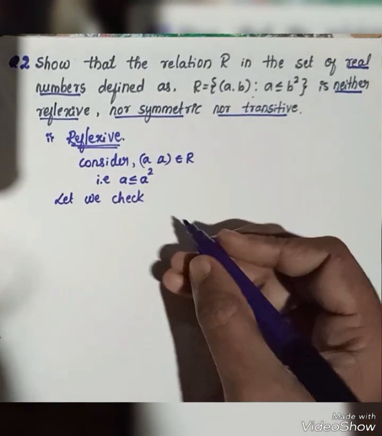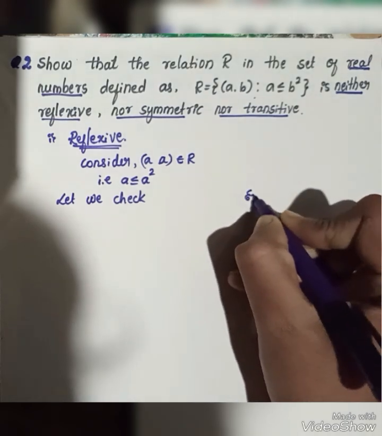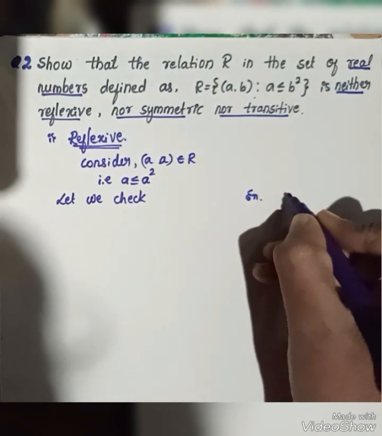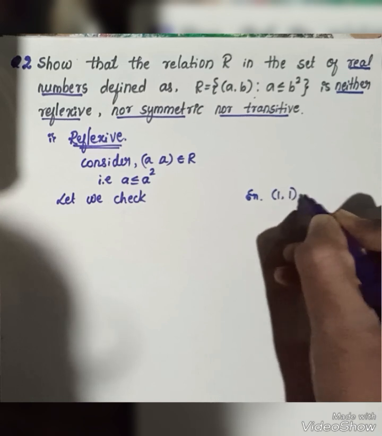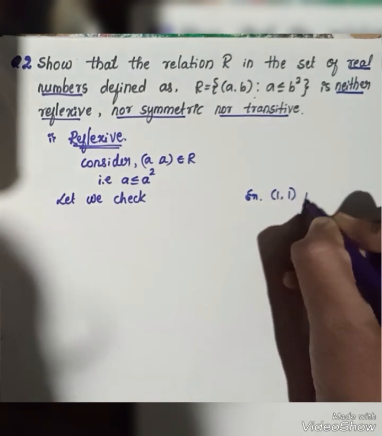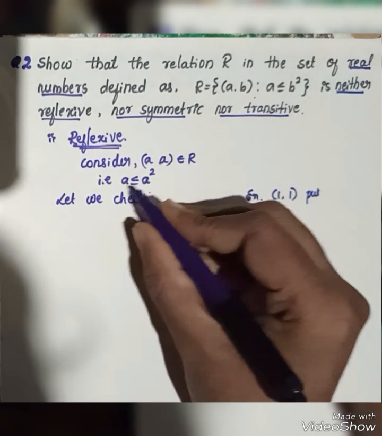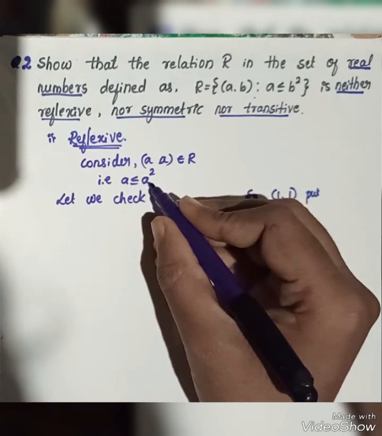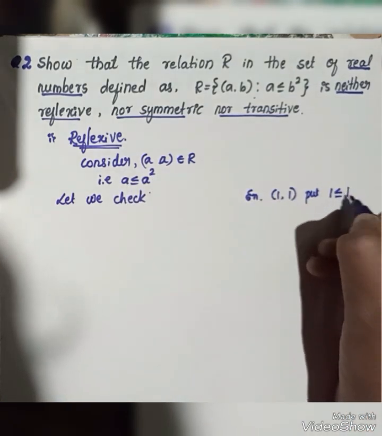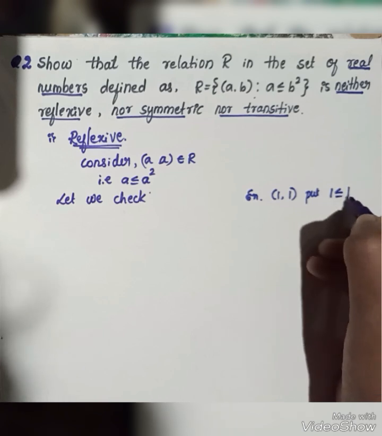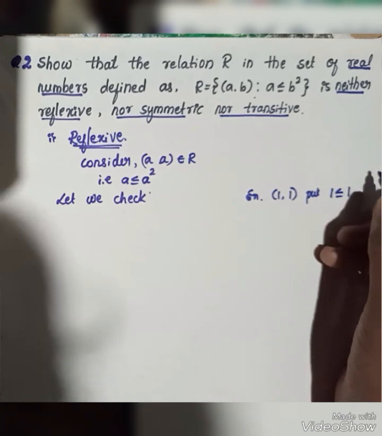For example, we have taken 1 comma 1. Here put A equals 1, and A square is also 1. 1 is less than or equal to 1. Here 1 equals 1, so the condition is satisfied.